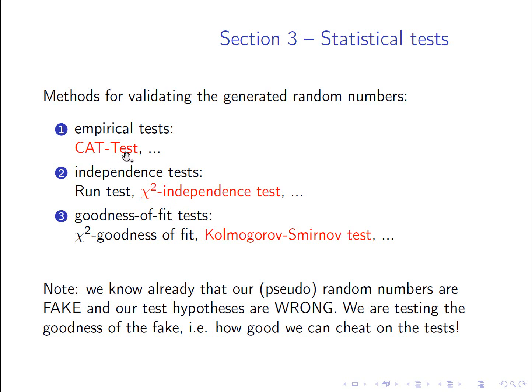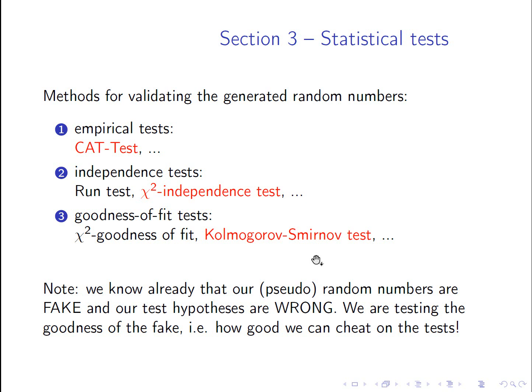Here in red is the CAT test, we have done this, here in red is a chi-square independence test, and here in red also we have the Kolmogorov-Smirnov test, the tests in red we have done or will do.